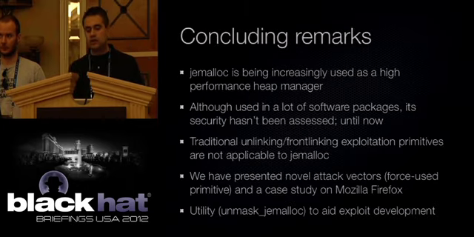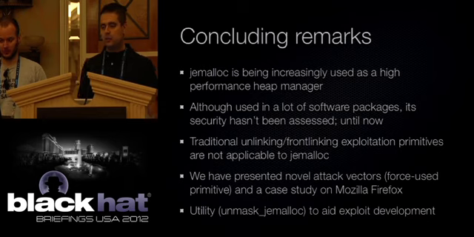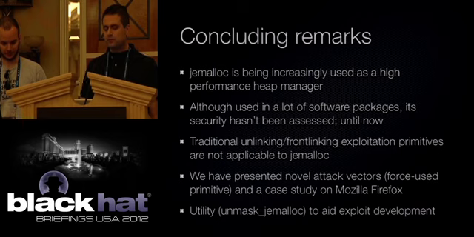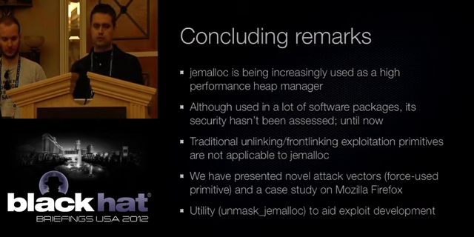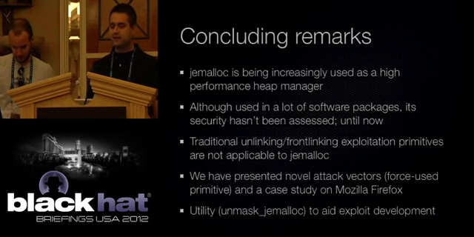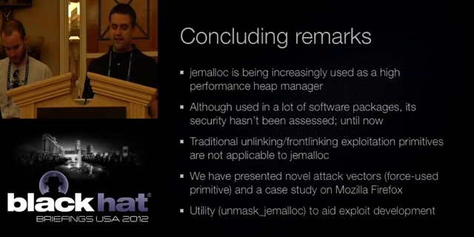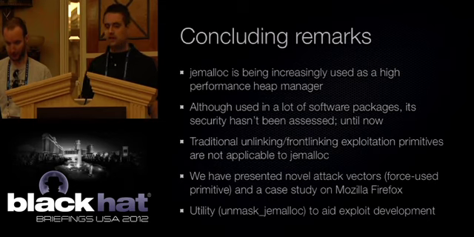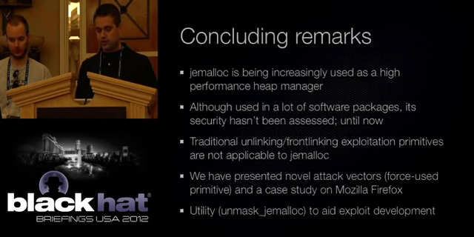You cannot use this kind of technique. So new exploitation approaches need to be developed. What we did is we tried to find one of those, and we came up with what we call the force used primitive, which, as we have explained, returns an item that the allocator is already using, is considered to be used.